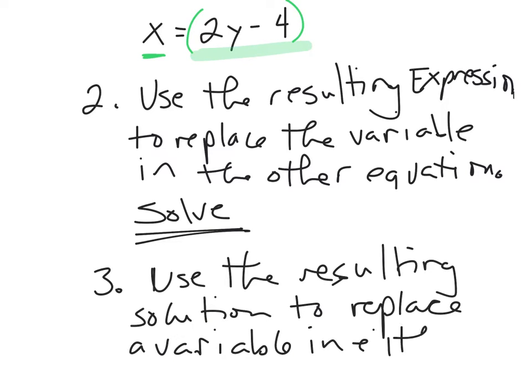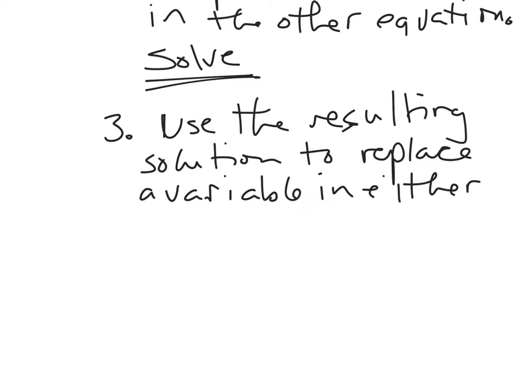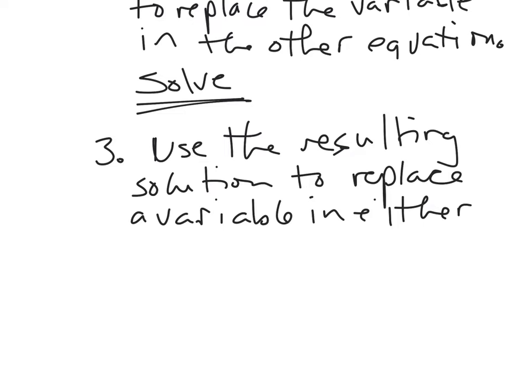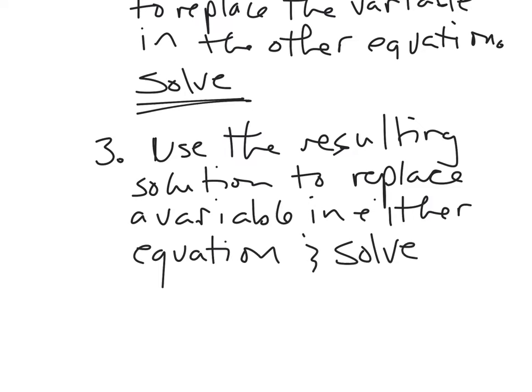Now, at this point, it doesn't matter which equation you're using. You can use the first equation, the second equation. It doesn't matter which one you choose. So you can use the resulting solution to replace a variable in either equation and then solve. And that gets you both of your answers, both x and y, and your answer is always written in the form x and y as an ordered pair.